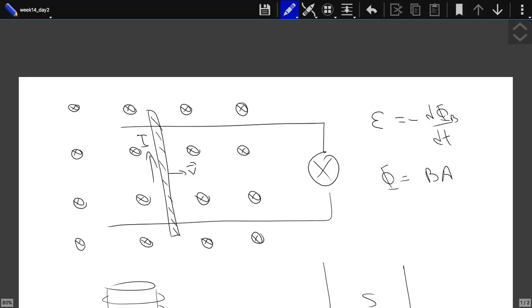If the magnetic field lines are moving in that direction, and the B fields are in this direction, the induced electric field is upward, which is the direction of B cross V. It's always perpendicular to the B field.